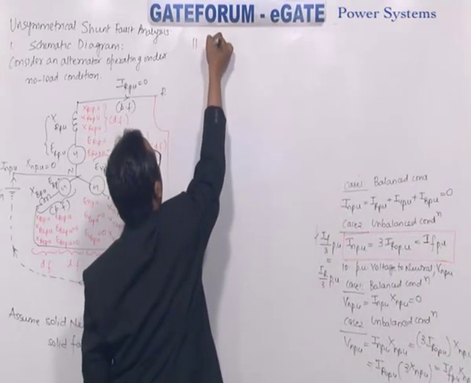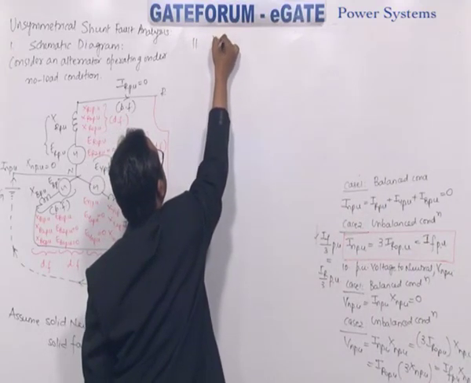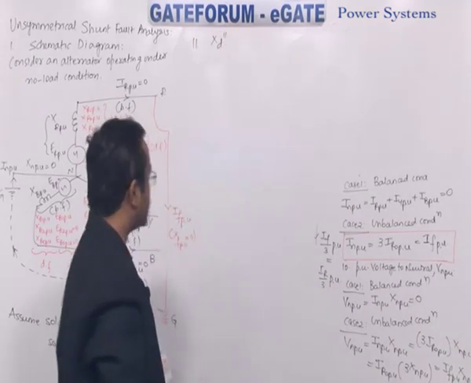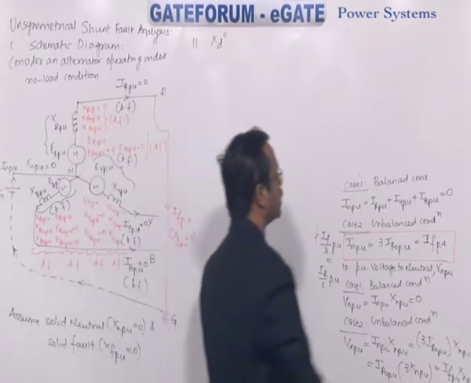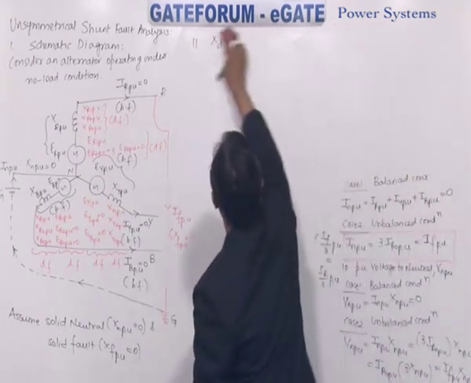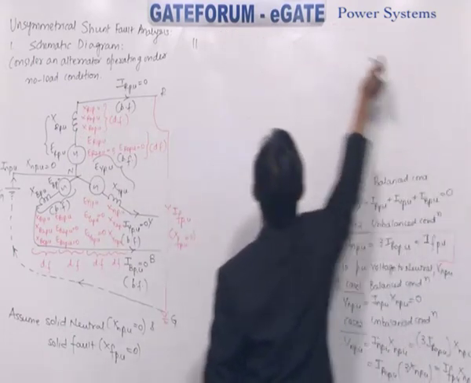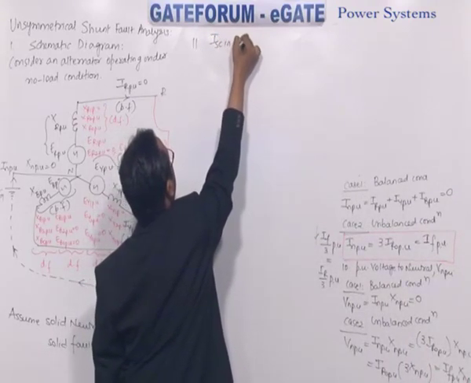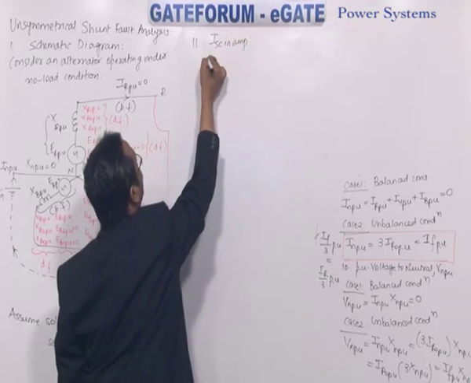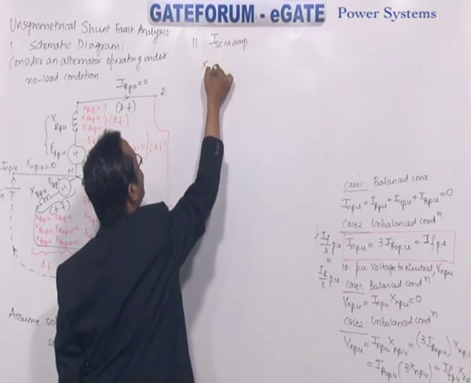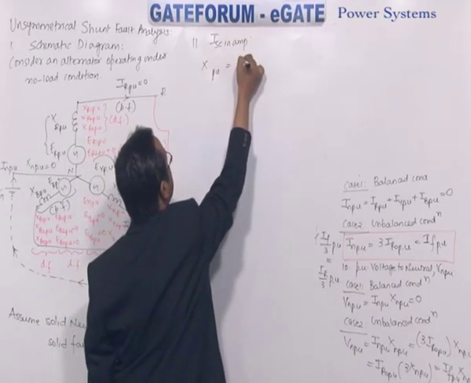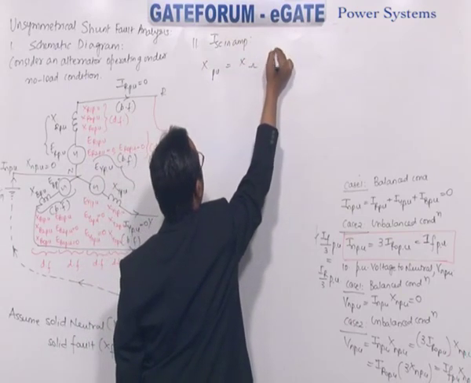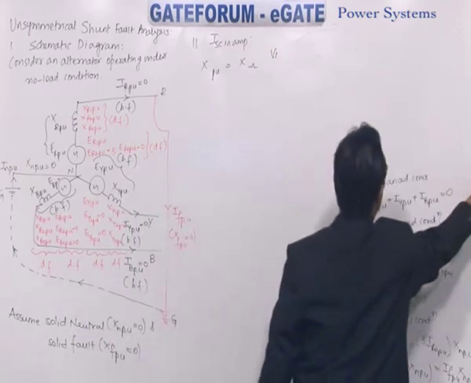Now we have to find out XD double dash value, or the short circuit current in amperes. How to write the formula? You know that per unit reactance is the reactance in ohms multiplied with base current by base voltage.